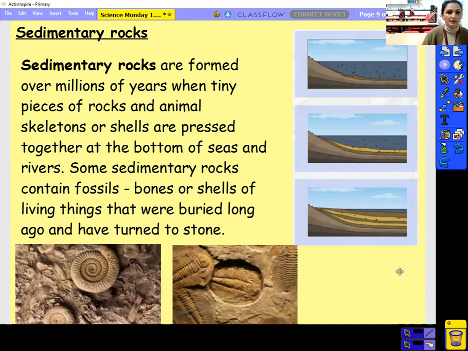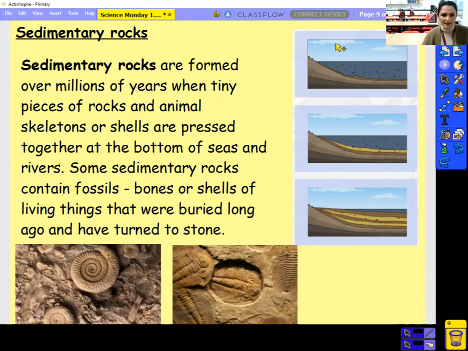So sedimentary rocks are formed over millions of years when tiny pieces of rock and animal skeletons or shells are pressed down together at the bottom of the seas and rivers. So what happened? Rocks, over millions and millions of years ago, floated down to the bottom of the sea, the bottom of the river, along with animal bones and skeletons.